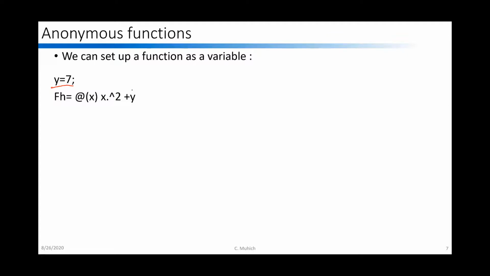What this is going to do is it's going to build in this as a permanent 7. Okay, so x can change, but y here is a permanent 7. So if I were to do, say, fh of 2, MATLAB would return 2 squared, 4, plus 7 would be 11.